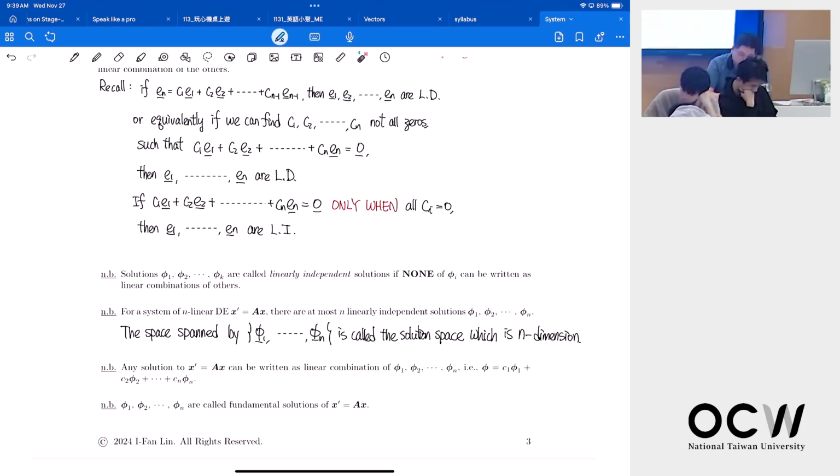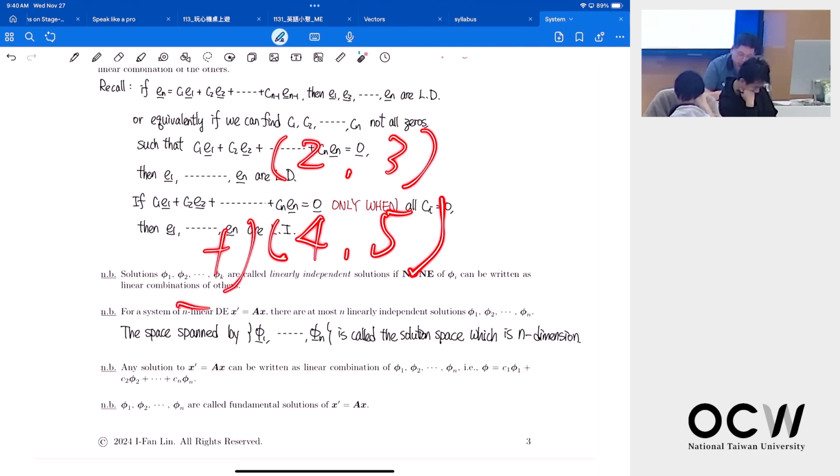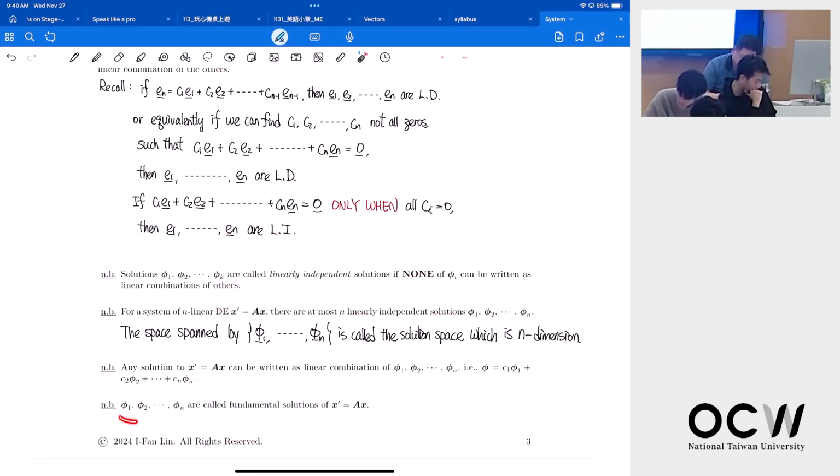Because we know that suppose 2, 3 is a solution, 4, 5 is a solution, then 6, 8 is also a solution. And phi 1 to phi n, we will call fundamental solutions of this homogeneous system.